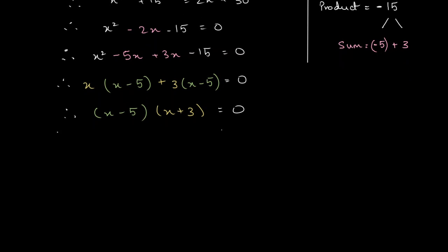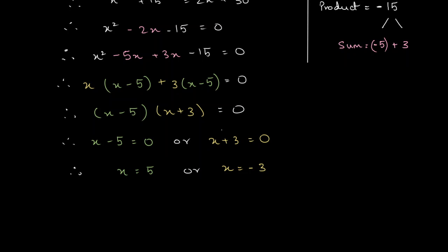Two numbers multiplied give me 0, so either the first, x minus 5, is equal to 0, or the second, x plus 3, is equal to 0. Now we are about to get the answer. If I solve the first part, I get the value of x as 5, or if I solve the second, I get the value of x as negative 3.